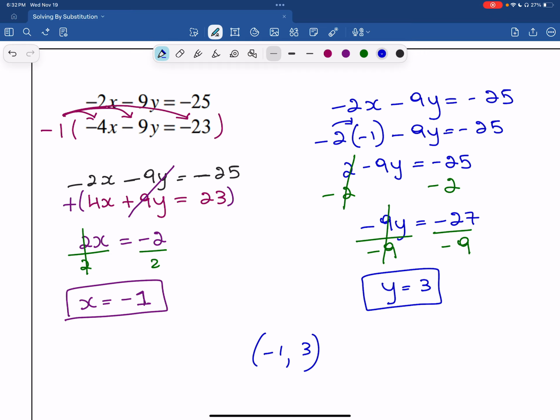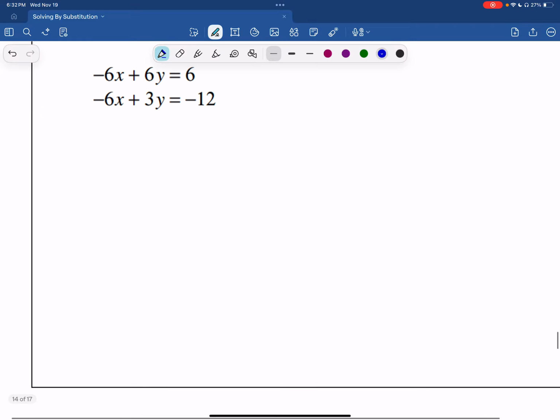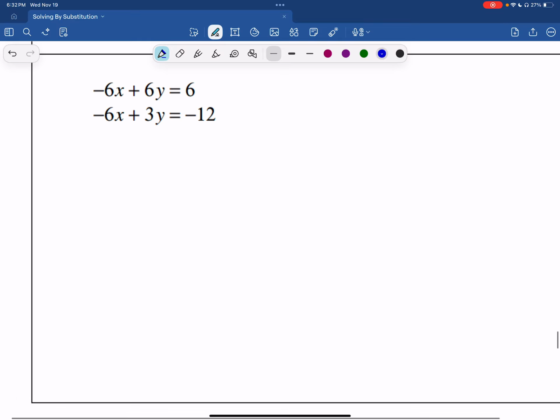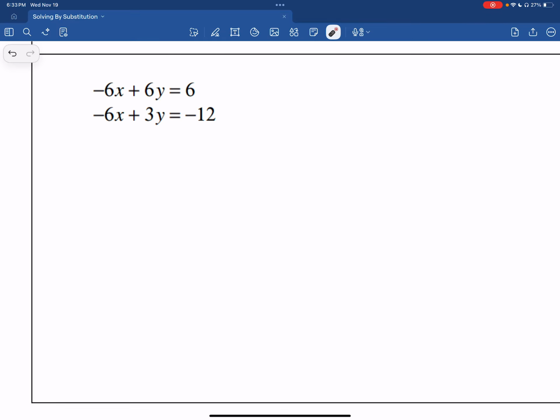All right, I think we have one more example. Okay, so -6x plus 6y is equal to 6, and -6x plus 3y is equal to -12. So here, this one's a little bit different, right? Because now the y's are actually not the same, right? We have a 6y in the first equation and a 3y in the second equation.